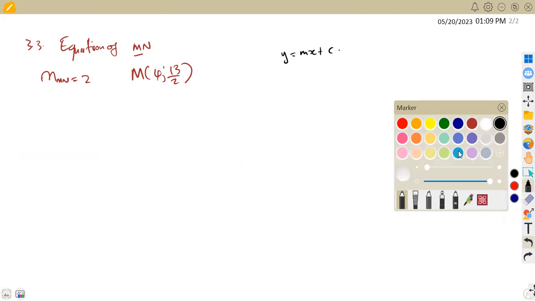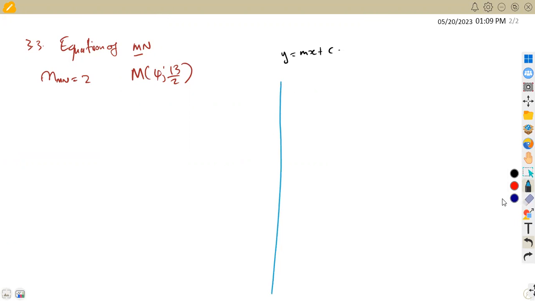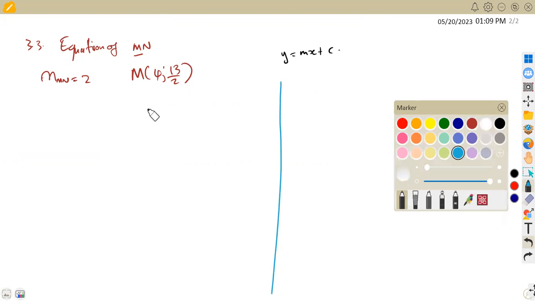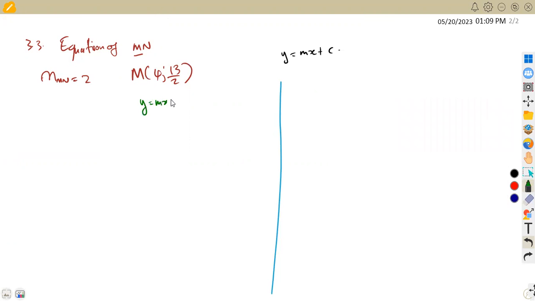Remember, we've got our formula y is equal to mx plus c, or y minus y1 is equal to m into x minus x1. This can give us the equation. So from the first formula, y is equal to mx plus c, where m is our gradient, and the gradient of the line is 2, so that is going to be 2x plus c.